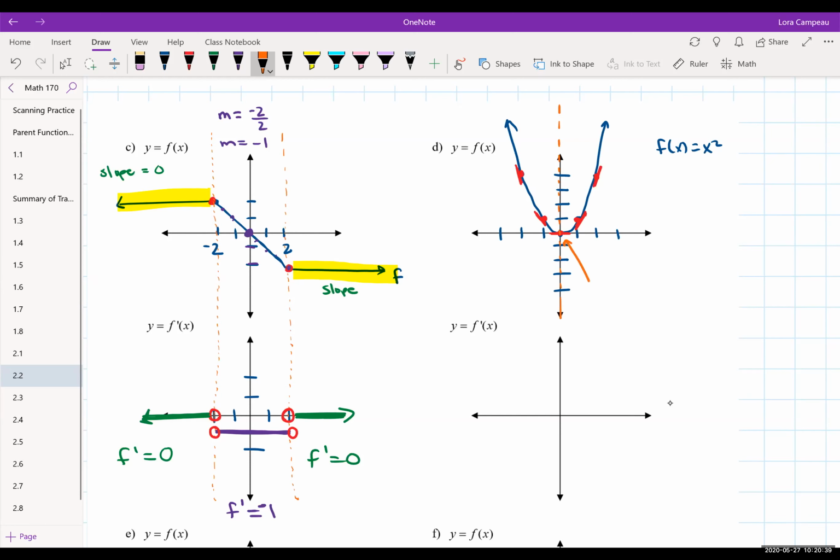So the slope of the tangent line is equal to 0 at x equals 0. That translates down to the origin. We know we would have a point there, so it's a singular derivative.